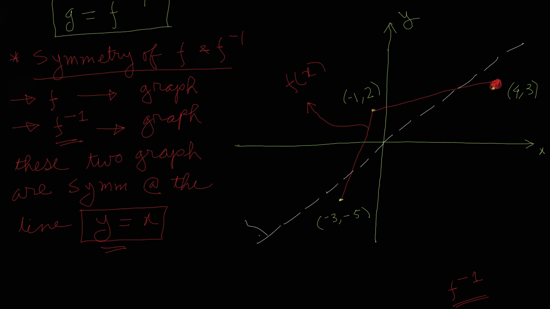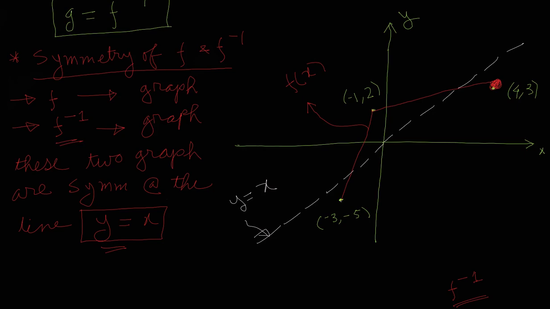This is a straight line, slope equal to 1. Now I need to find basically the mirror image of this red curve about this white y equals x line. Now you know, I am not going to make your life difficult, rather I'm going to show you a very easy way how to find mirror image about this.